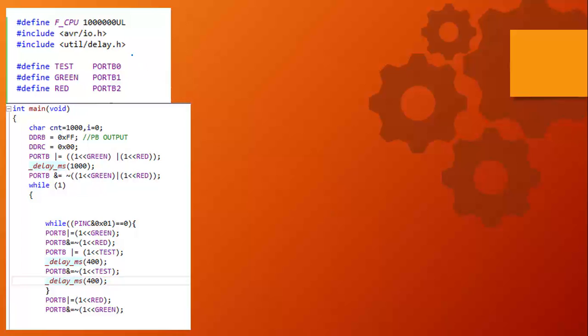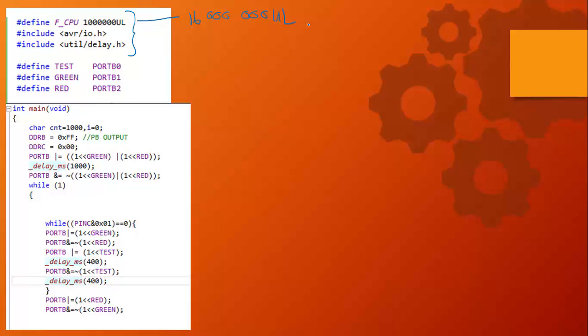As I've said, we have our hash defines and hash includes. Just notice here, typically when you work with the Arduino, straight up here, you use 16 million UL, but on Proteus, for simulation purposes, we slow it down to this, because then you get correct, corresponding time delays.